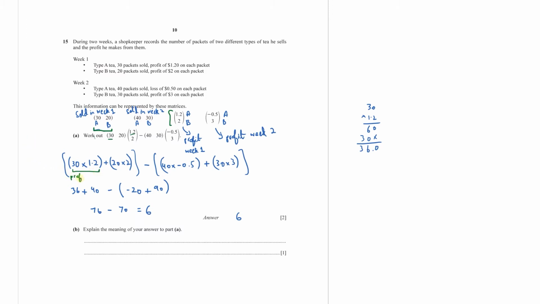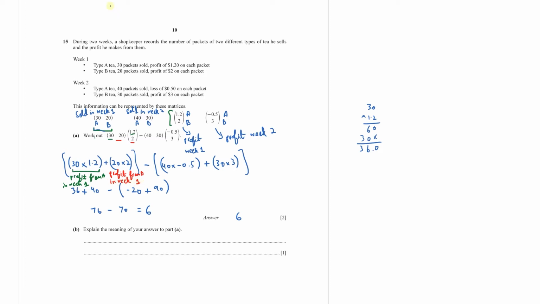And then similarly here, you're multiplying this 20 with 2. So 20 packets sold, and on each packet you made a profit of $2. So 20 multiplied by 2 is the profit from type B in week 1.